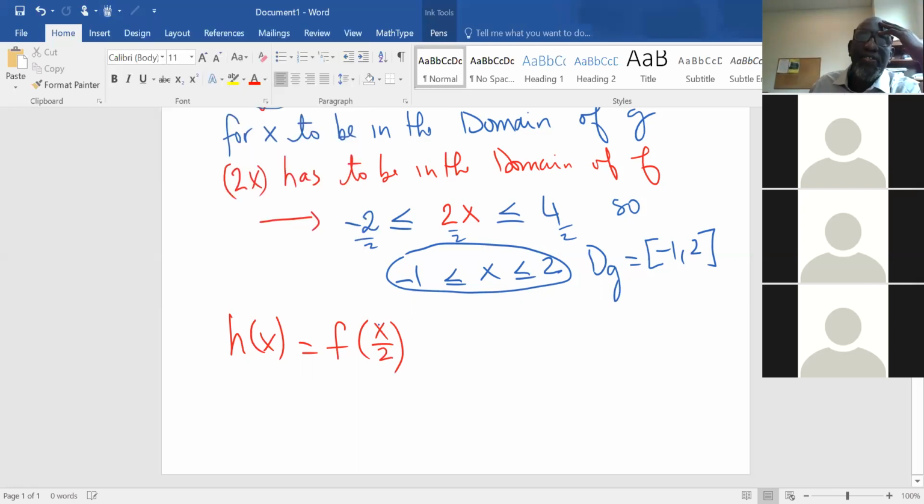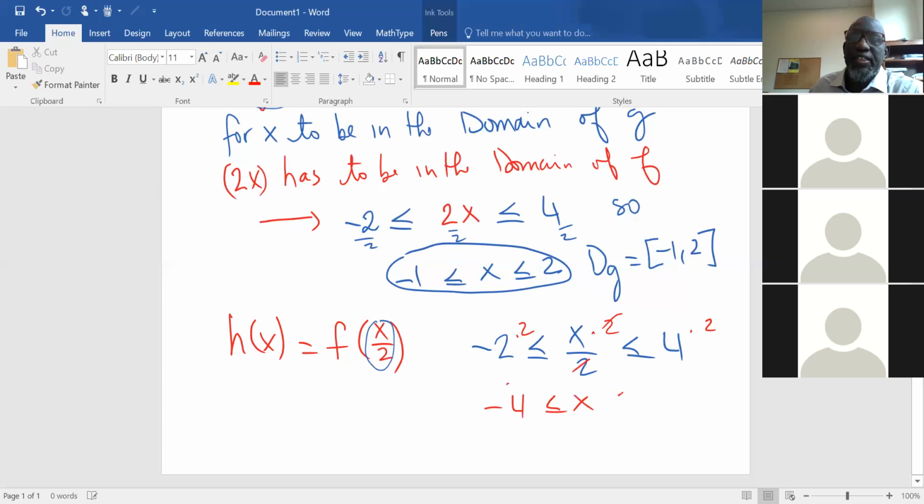Because x over 2 has to be between -2 and 4. Now to get x by itself, we have to multiply by 2, multiply everything by 2. What we get? We get -4 less than x less than 8, right? You see, the domain of h will be twice bigger than the domain of f.